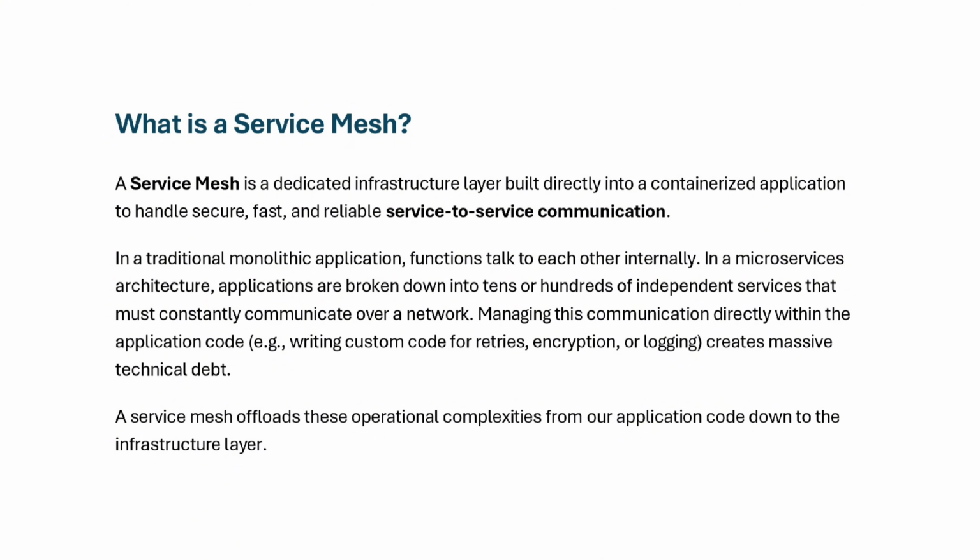In a microservices architecture, applications are broken down into tens or hundreds of independent services that must constantly communicate over a network. Managing this communication directly within the application code, for example, writing custom code for retries, encryption, or logging, creates massive technical debt. A service mesh offloads these operational complexities from our application code down to the infrastructure layer.